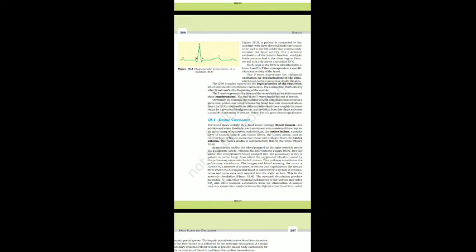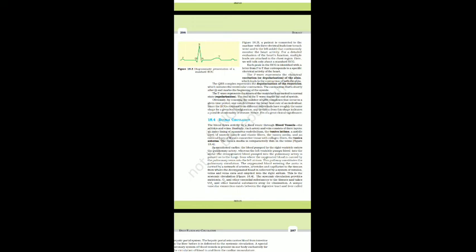The P wave represents the electrical excitation, or depolarization, of the atria, which leads to the contraction of both the atria. The T wave represents the return of the ventricles from excited to normal state, repolarization. The end of the T wave marks the end of systole.